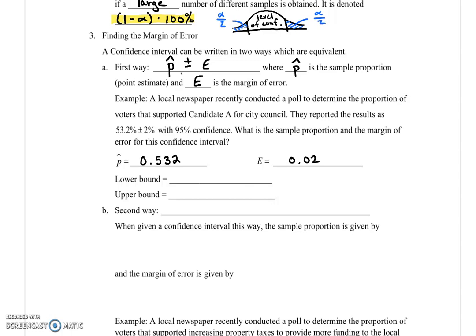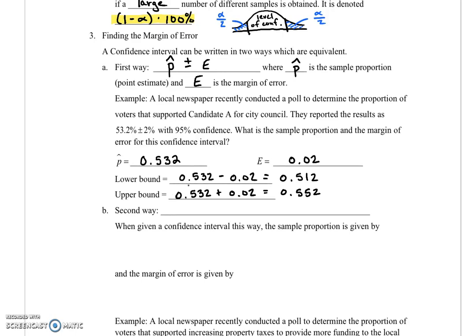So, just as in the previous example, the lower bound is 0.532 minus 0.02, which is 0.512. And the upper bound is 0.532 plus 0.02, or 0.552.